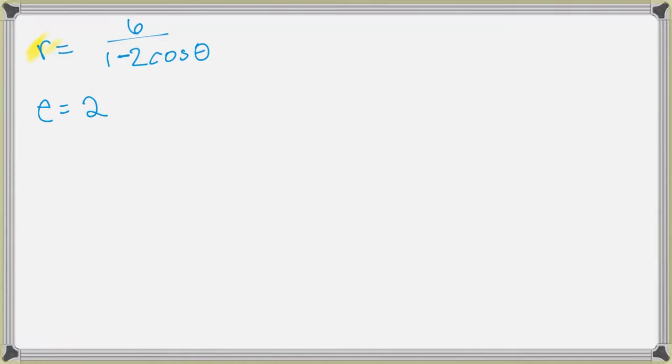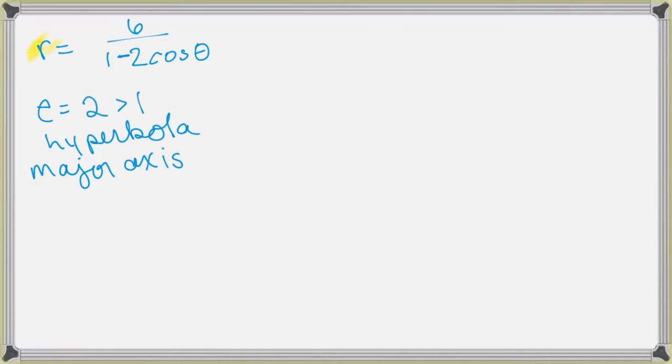Because this is greater than 1, we know this is a hyperbola. We also know that the major axis is going to be the horizontal, or the x-axis. And the negative is going to tell us that the directrix will be on the negative x-axis. So let's actually find the directrix real quick.